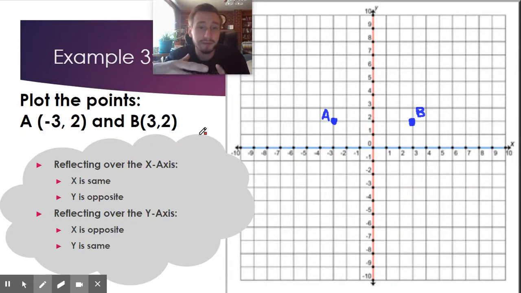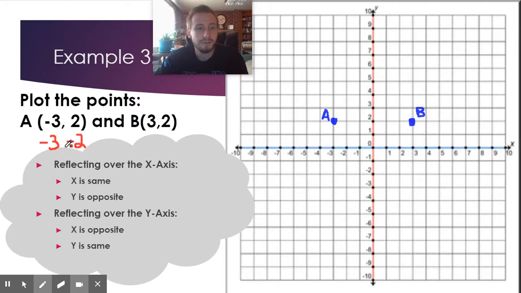So if I wanted to reflect this first point, which is point A, which is negative 3, positive 2, the tip is your x stays the same, and then your y is the opposite. So if x stays the same, it would be negative 3. What is the opposite of a positive 2? Negative 2.